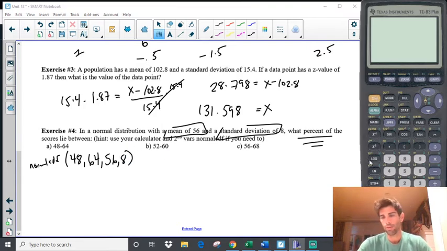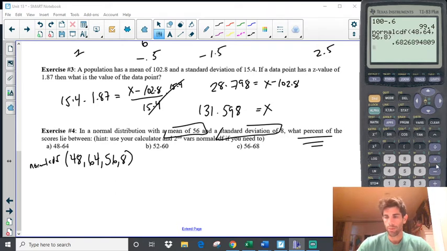Using your calculator, you'd do second vars, normal CDF. If you're old school, you have to put them in and hit comma. If you're new school, it has just a list, and you type these in and hit enter.